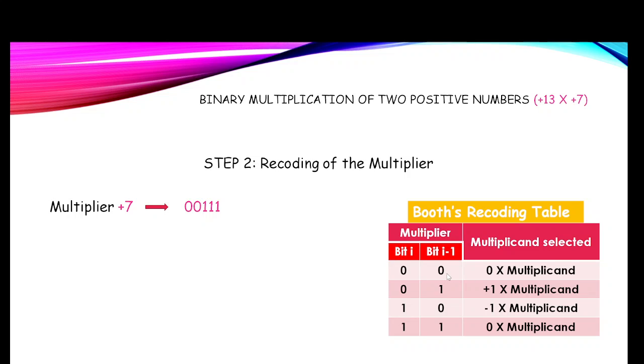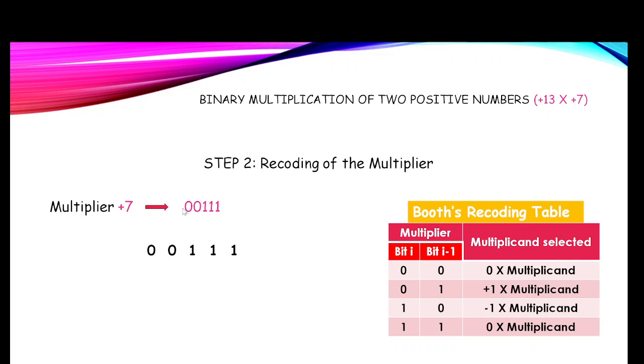If bit i is 0 and the previous position is also 0, the multiplicand is multiplied by 0. If bit i is 0 and bit i minus 1 is 1, this is plus 1. If bit i is 1 and bit i minus 1 is 0, the multiplicand is multiplied by minus 1. If bit i is 1 and bit i minus 1 is 1, the multiplicand is multiplied by 0. So we have to start recoding with reference to this table.